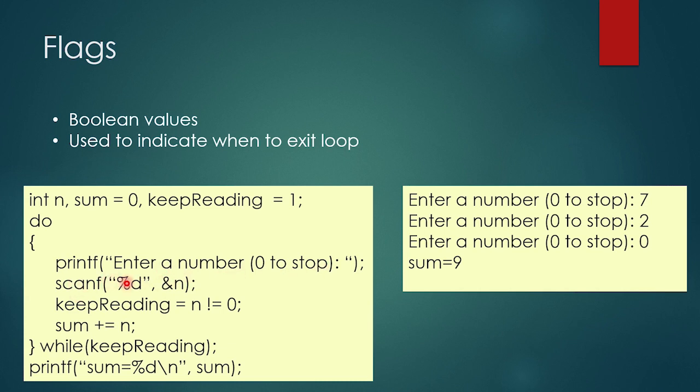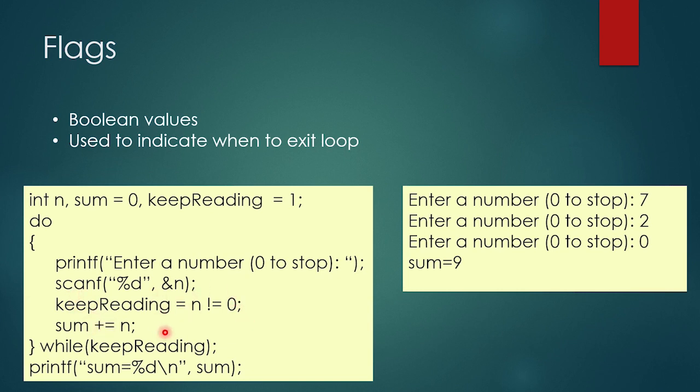We use the scanf to read into the variable n, and then we set keep reading gets the value of n is not equal to 0. So that's either going to be a 0 or a 1. If it's not 0, it returns 1. If it is 0, then it returns 0. So it's true if it's not 0. So when we get a 0, that's going to become false.